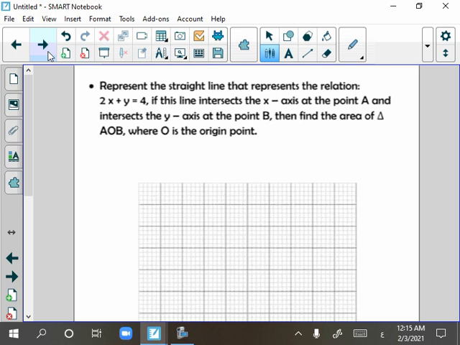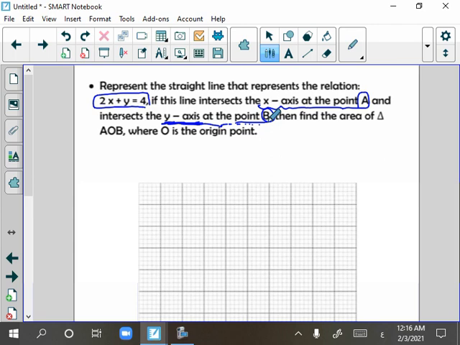Represent the straight line that represents the relation 2x plus y equals 4. This line intersects the x-axis at the point A and intersects the y-axis at the point B. Then find the area of triangle AOB, where O is the origin point.